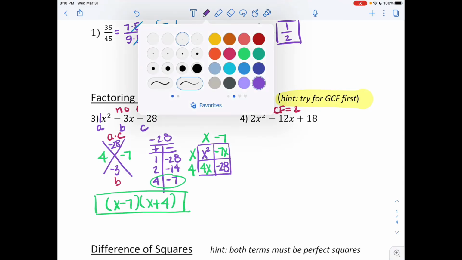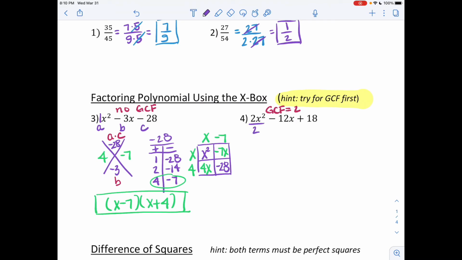So the first thing I'm going to do is divide everything by 2 and pull that out to the front and say what I have left, which is x squared. I'm going to go ahead and write a 1 there in front of the x squared to remind me, minus 6x and plus 9. And label this as A, B, and C. And I'm ready to do my x box again.